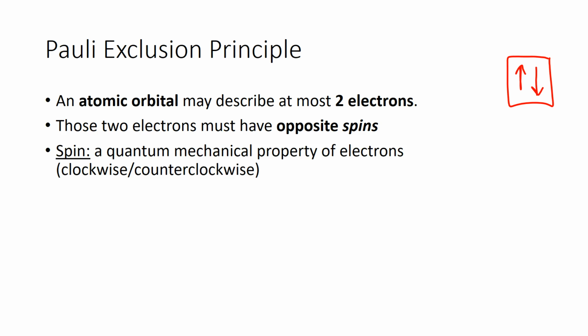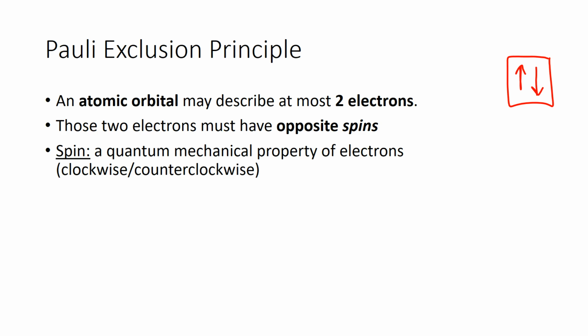When we talk about spin, if you're talking to a physicist or a quantum chemist, they might talk about it spinning clockwise or counterclockwise. Sometimes they'll show it as a plus spin or a minus spin in certain notations.